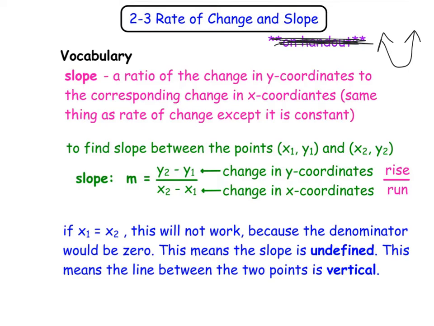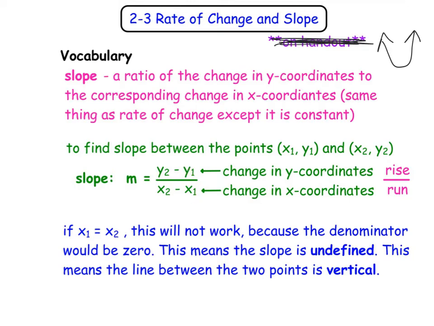So notice that I started with my second y coordinate on the top, so I have to start with my second x coordinate on the bottom. Corresponding, because they were talking about how far is this point from this point. So you can't mix them up. You can't do y2 minus y1 and then x1 minus x2. It has to be in the same order. So really you could do y1 minus y2 and then x1 minus x2.